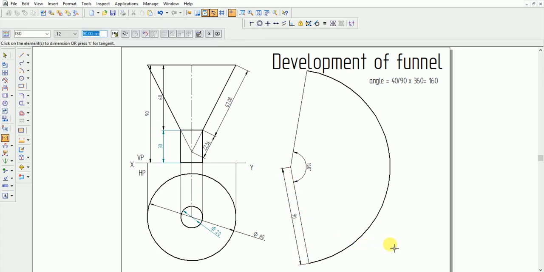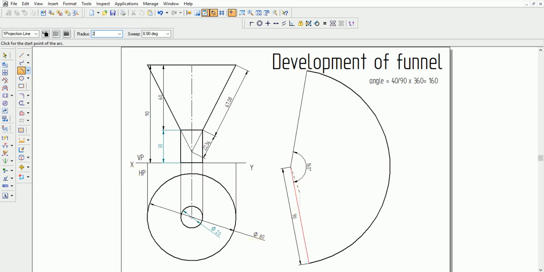Now, since we need the frustum of the cone, I need to cut the lower diameter. That is, I do not require a cone, I require the frustum of the cone. So therefore, I would be cutting the diameter of 20 mm. Why 20 mm? Because the diameter of the cylindrical part is 20 mm. Again use the arc by center point.